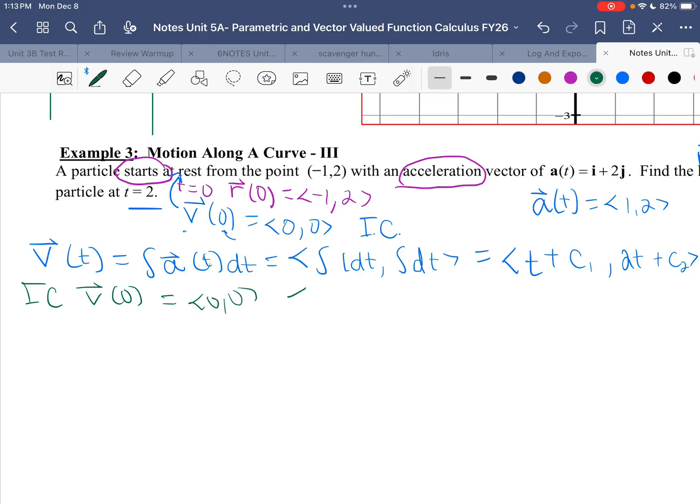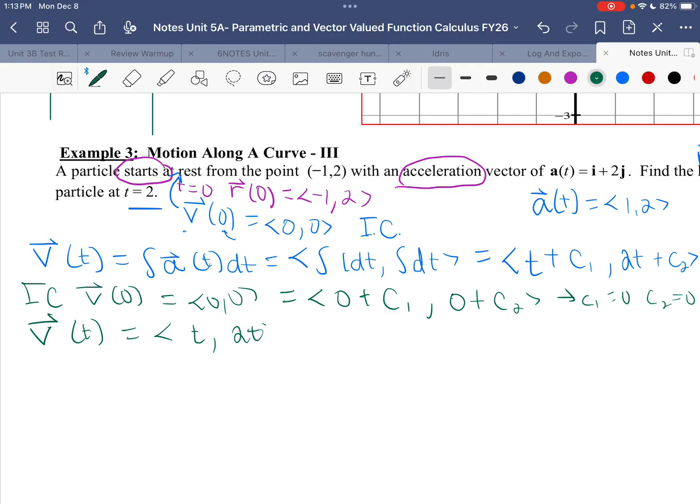And using our initial condition, we get 0, 0 equals 0 plus c1, 2 times 0 plus c2. Sub it back in, v of t is equal to t and 2t, since both the constants are 0.